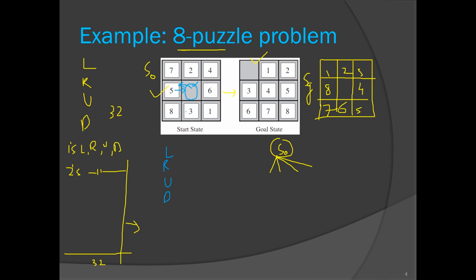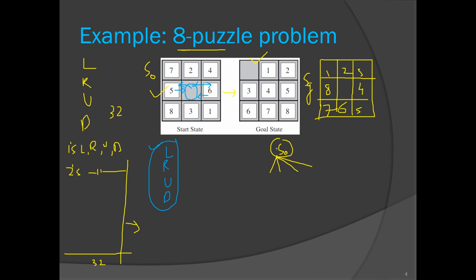In any move the blank space will ultimately move. If I move this 6 to the left, the blank space will move towards the right. So instead of specifying the action in terms of the numbered tiles, I can specify the action in terms of the movement of the blank space.